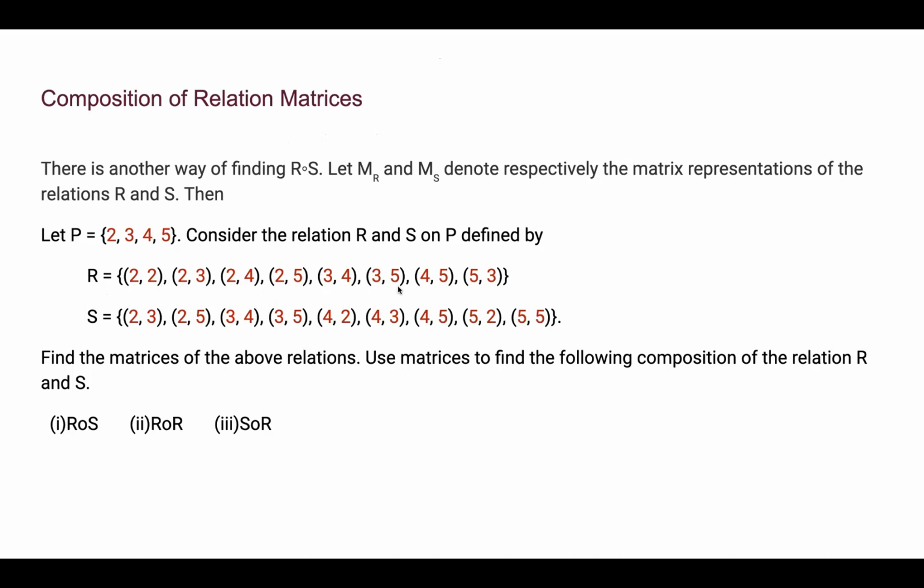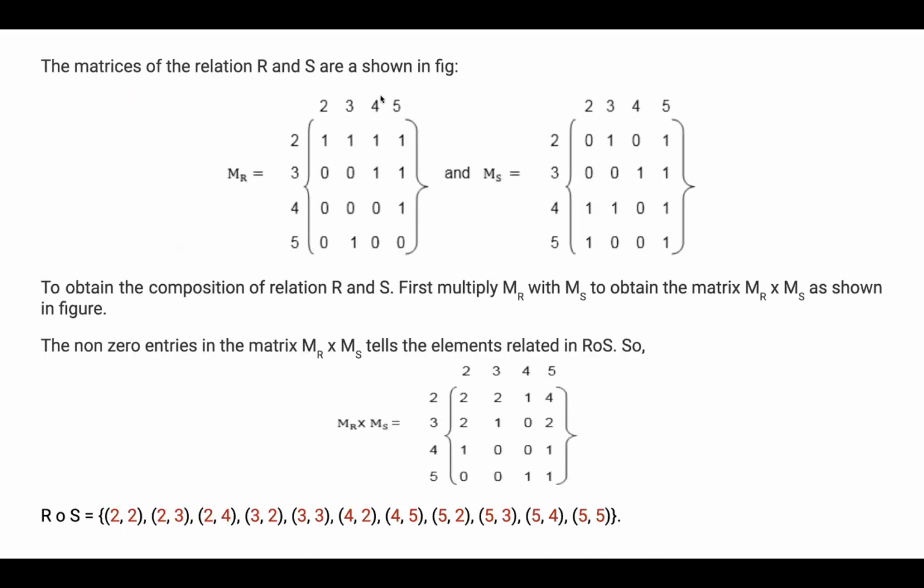Then 3 4, 3 5, 4 5, and 5 3. 8 elements are there in R, so 8 times 1 will be there. So this one is the matrix representation of R.